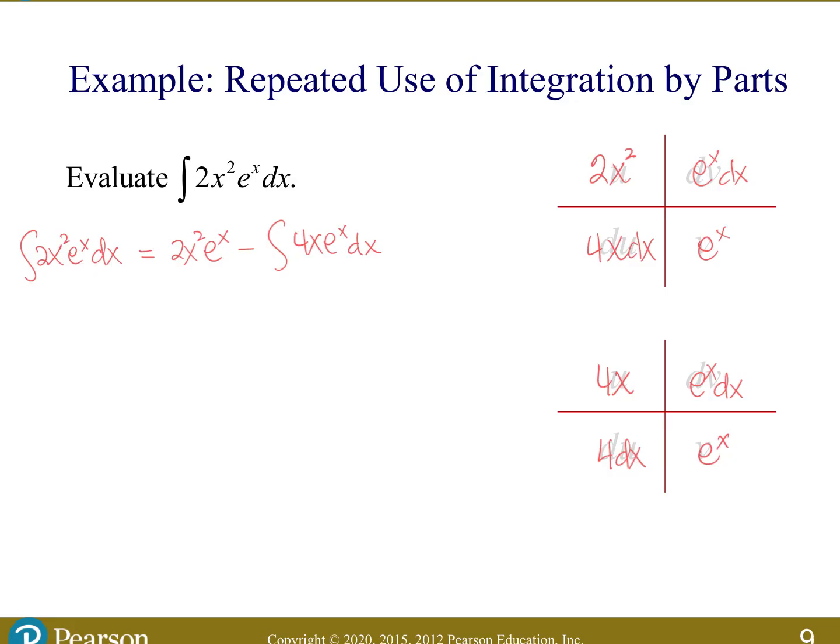So in the second part of the process, as I put my parts together, I'll have 4x e to the x minus the antiderivative of 4 e to the x dx. But what do I have to watch that immediately preceded that? A subtraction.